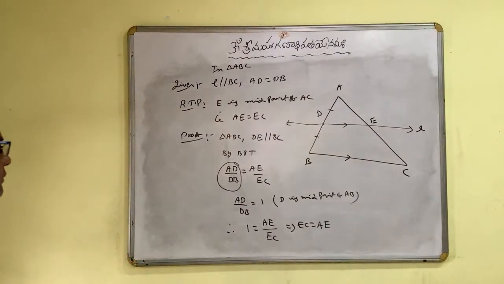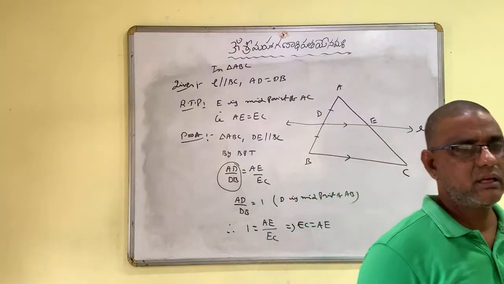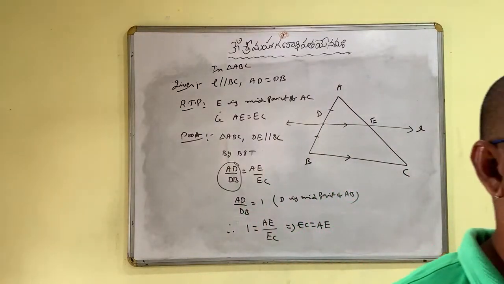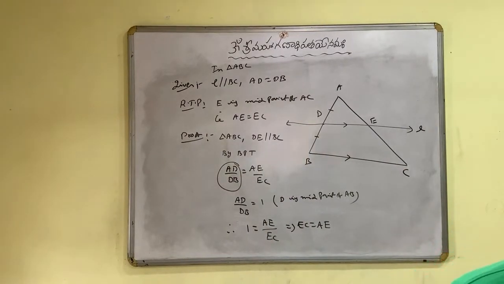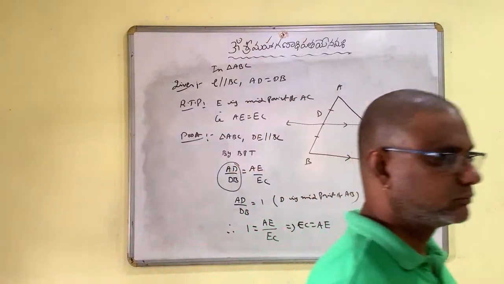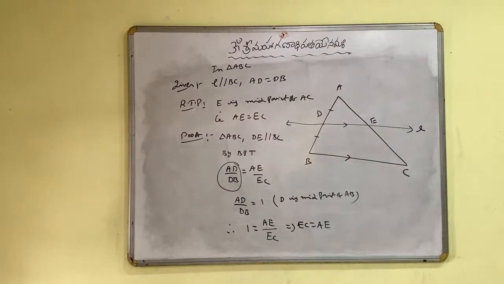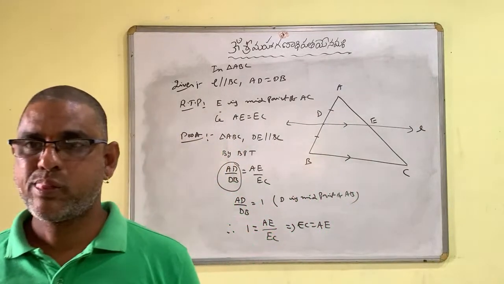So clearly we can say that E is the midpoint of AC. Is that understood? Very good.